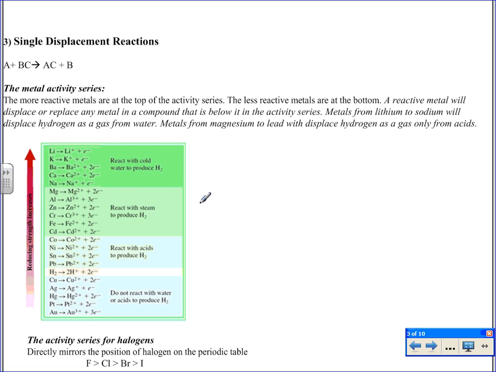So for example, if I look at something like a piece of zinc reacting with a solution of copper sulfate, I can use the activity series to decide if this reaction is going to occur. Zinc is higher up on the activity series than copper. So that means that zinc is going to be able to displace copper.